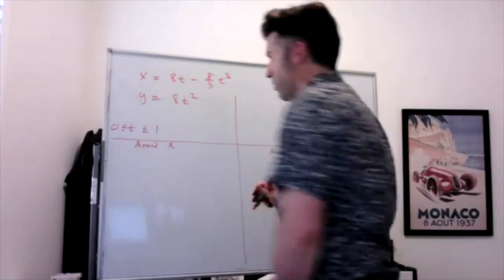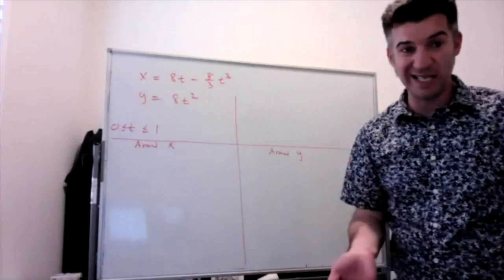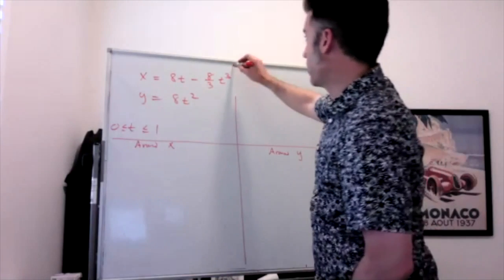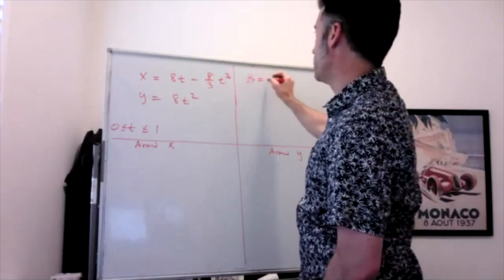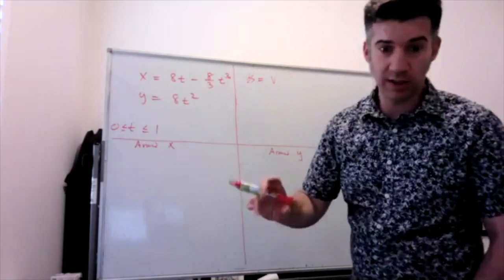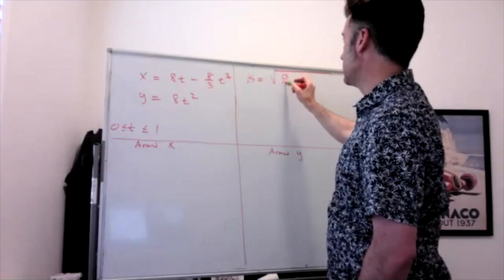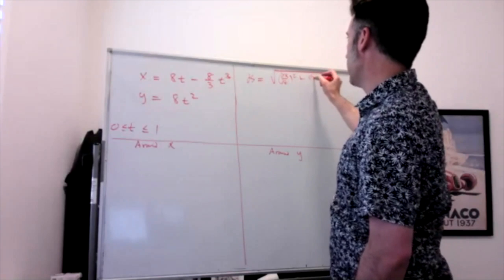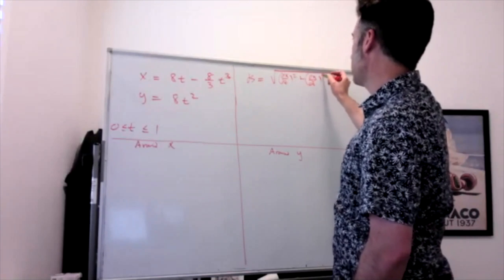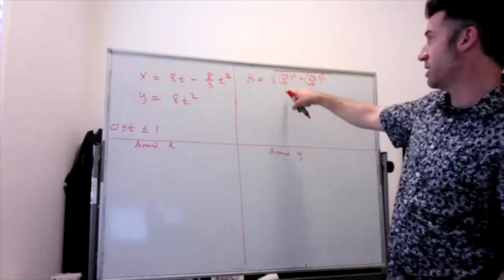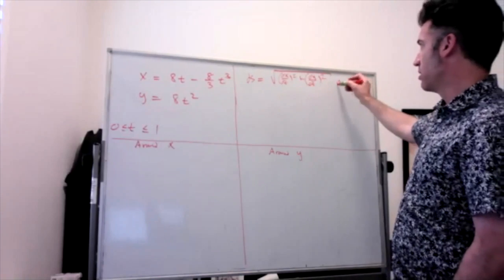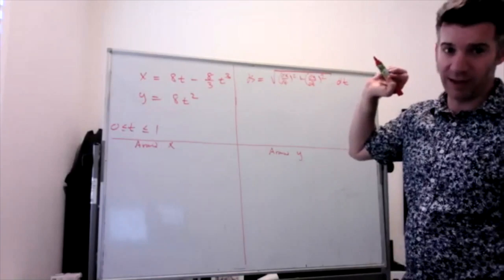And before we do either, it's probably going to be worth our time to find ds. So again, remember, parametrically, ds is just the square root of dx dt squared plus dy dt squared. I suppose technically I'm leaving off a tiny bit. It's the square root of dx dt squared plus dy dt squared times dt. We should have that as well.